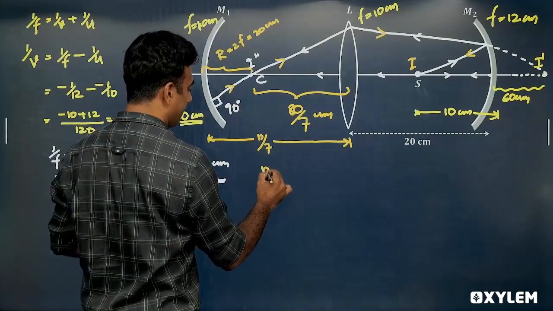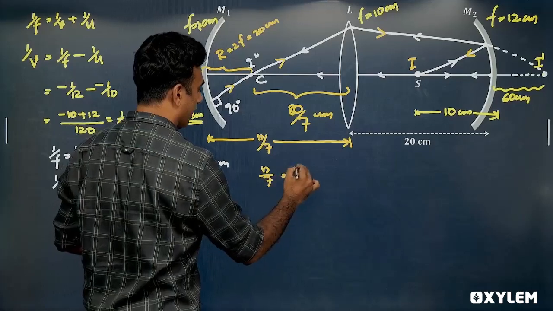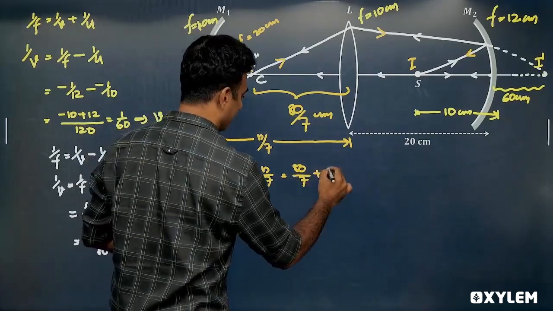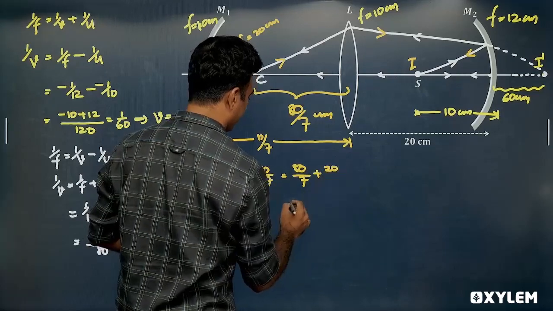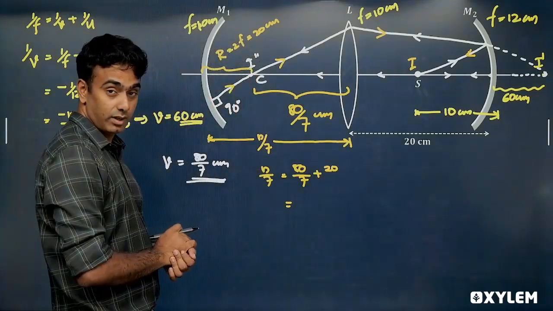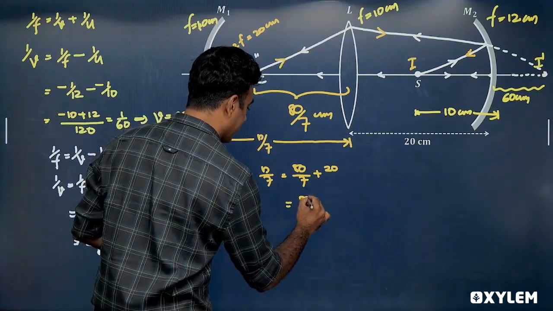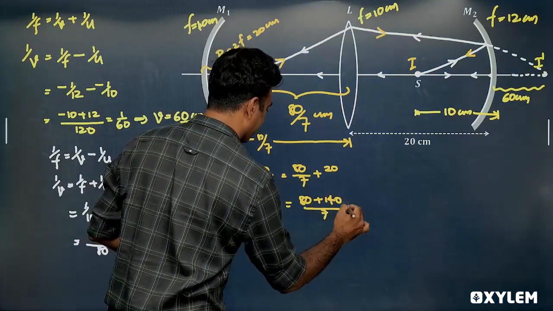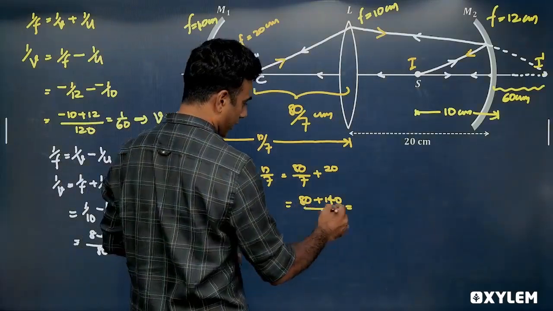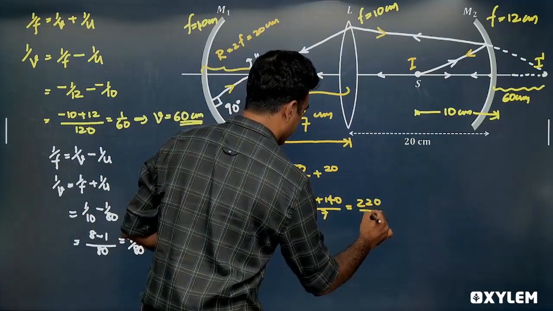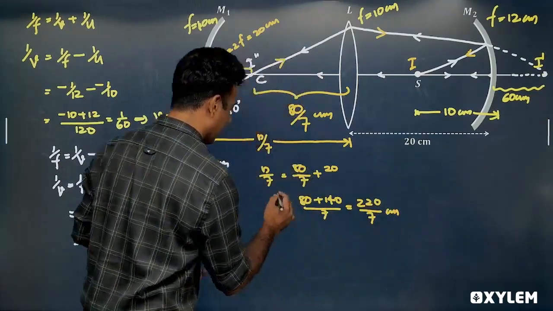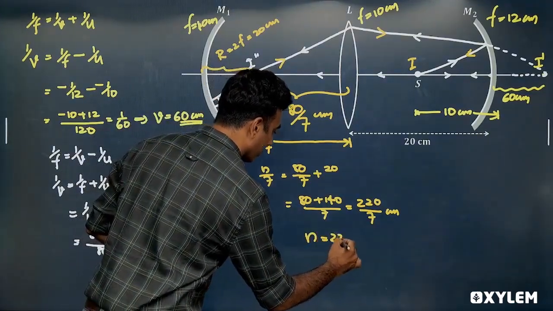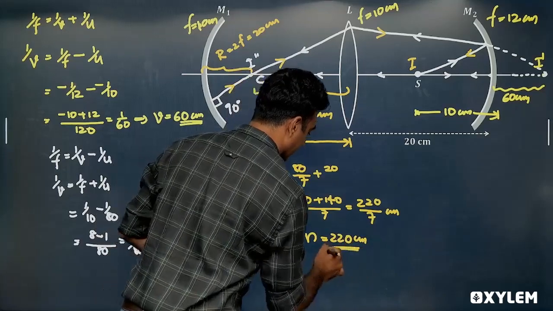Therefore, n by 7 is nothing but 80 divided by 7 plus 20 centimeter, that is 80 plus 140 divided by 7, which equals 220 divided by 7 centimeter. Comparing the LHS and RHS, you can find n is equal to 220 centimeter.